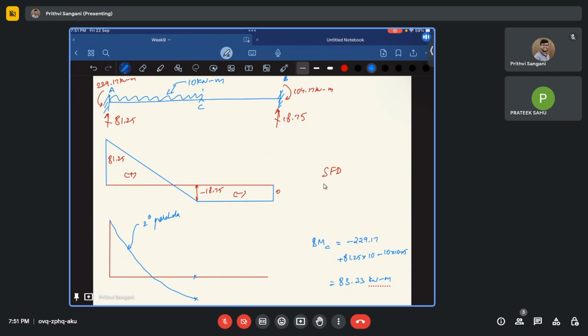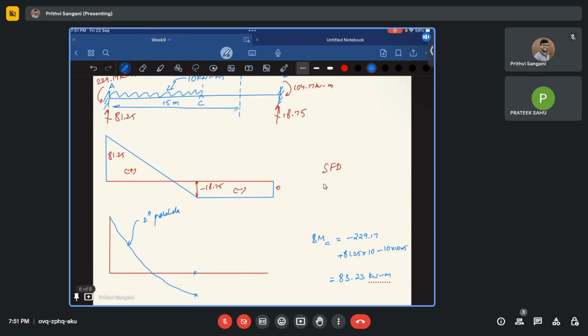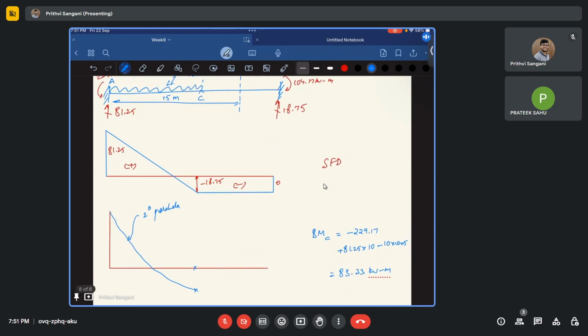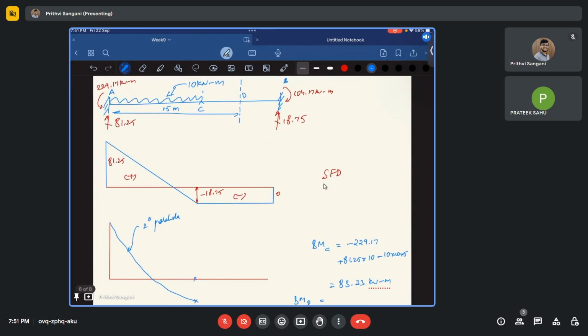Otherwise, just to avoid some confusion, let me take the bending moment at a distance of 15 meters. I'll write the bending moment equation. I'll call this D. Bending moment at D. Now I can use the right side support also, right?